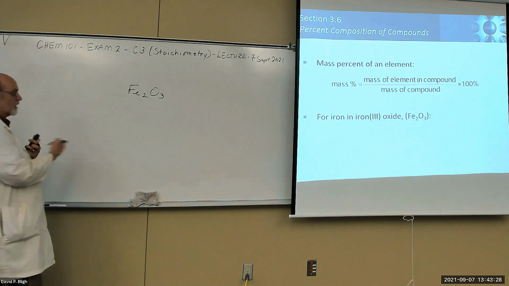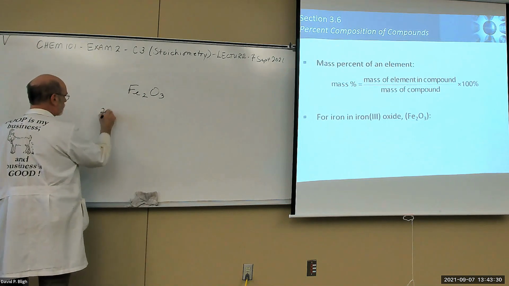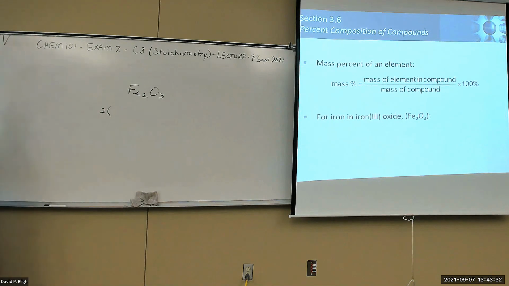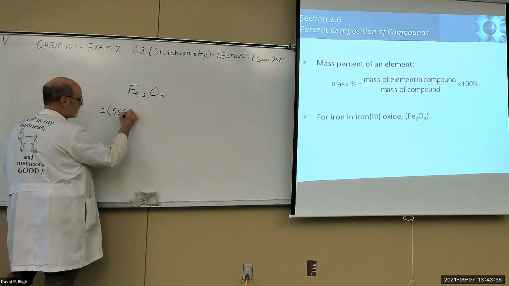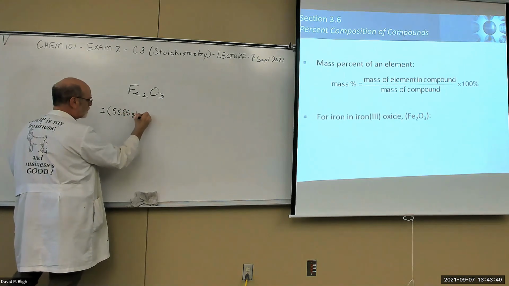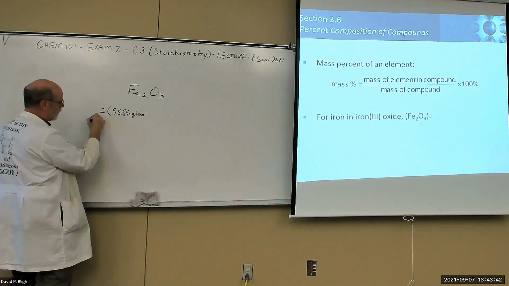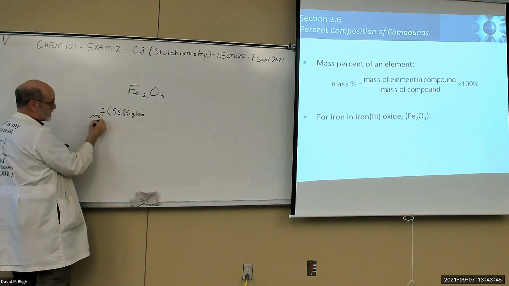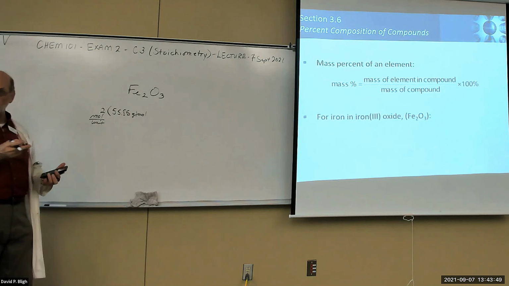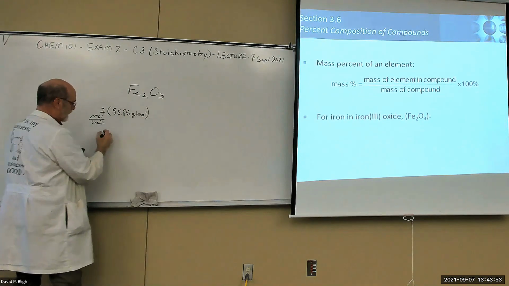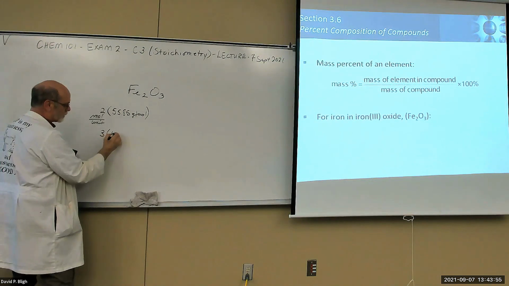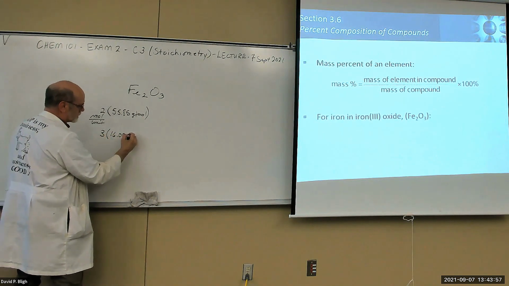So we would need 2 irons, which is 55.85 grams per mole. And we have 2 moles actually per formula unit. And so that is a value.